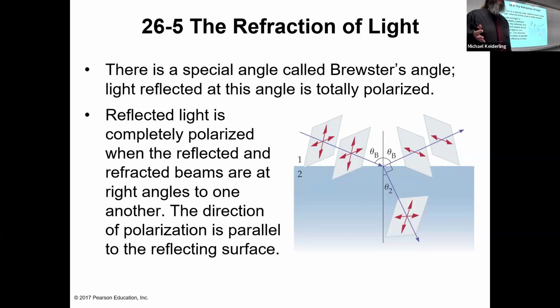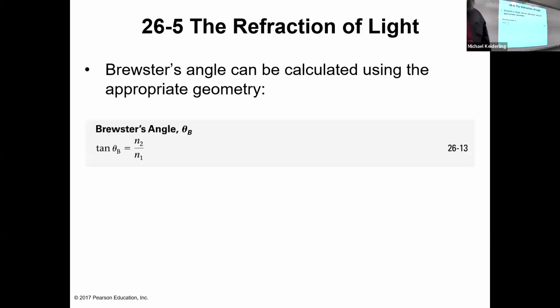The fact that light gets polarized when it reflects off of surfaces like this is part of why polarized sunglasses are so useful. They're designed to kill glare. Glare ends up heavily polarized like this, and so vertically polarized sunglasses help deal with glare.